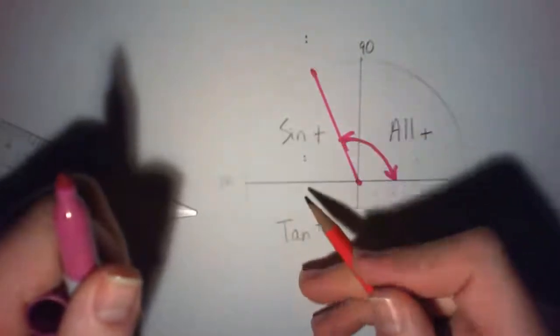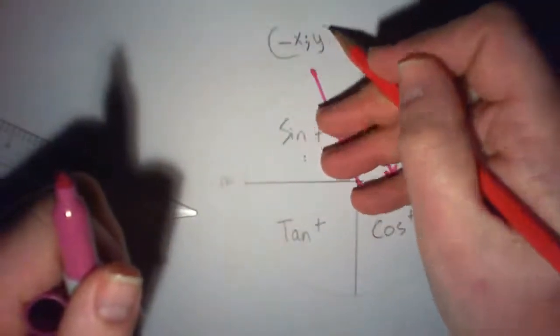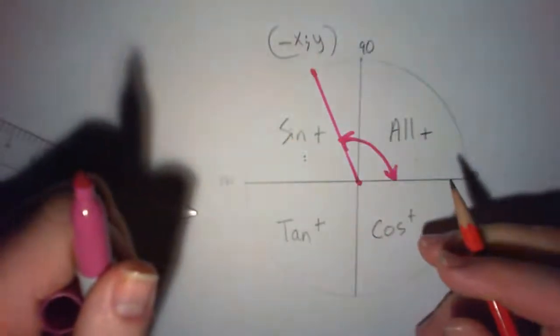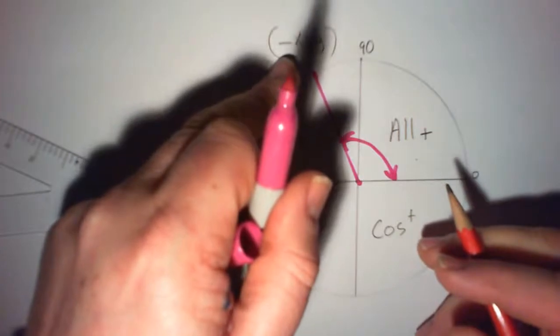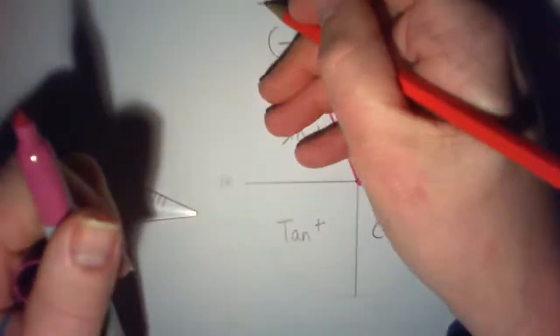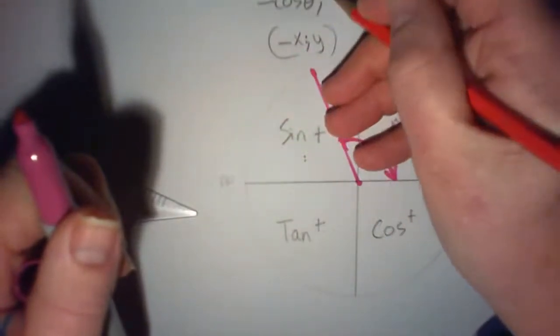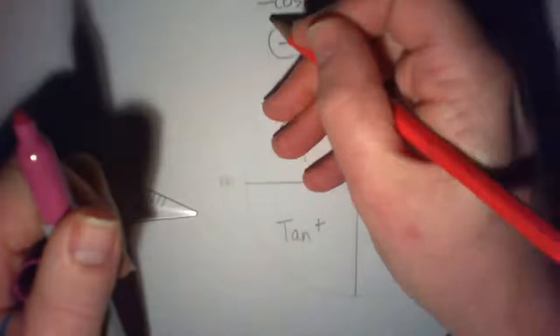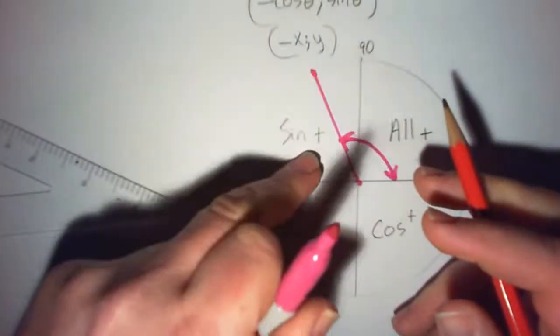Okay, that coordinate is going to be a negative x and a positive y, but we don't call them x and y in the unit circle. Okay, that means it's going to be a negative cosine and a positive sine. So it's going to be minus the cos of the angle, comma, the sine of the angle. That's why cos is negative, sine is positive.